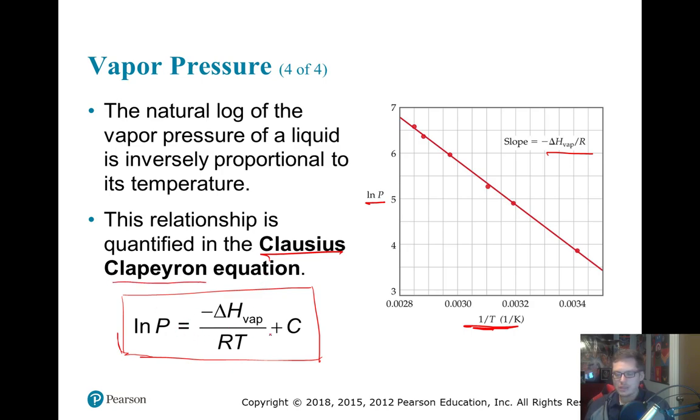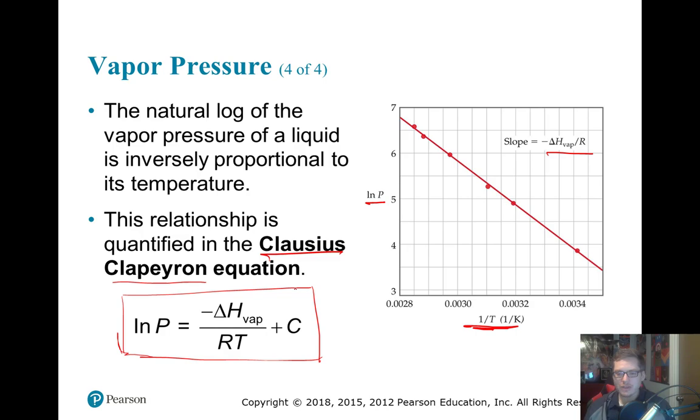There are probably a couple of textbook problems that I'll ask you to do with this, but essentially what I really want you to know is that this equation allows us to estimate the vapor pressure at another temperature, as long as we know the vapor pressure at a specific temperature. So if we can figure out one temperature-vapor pressure relationship, then we can solve for any temperature-vapor pressure relationship.